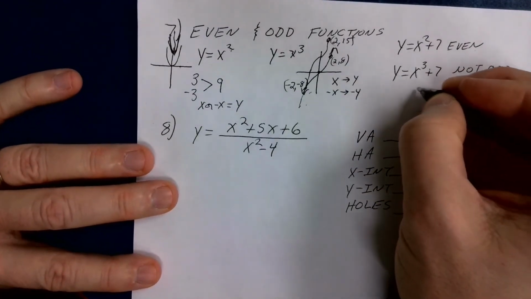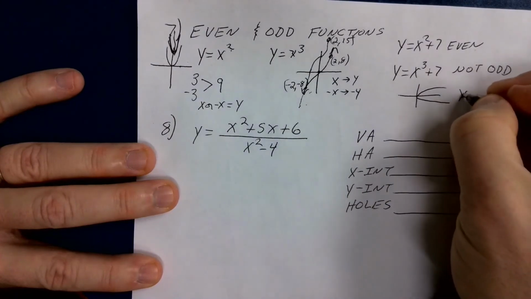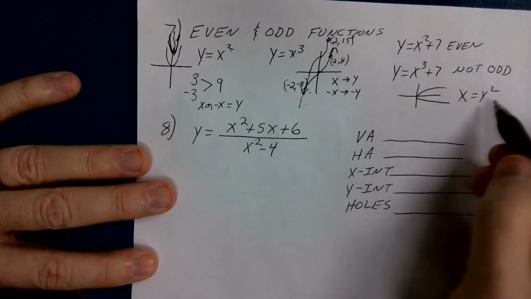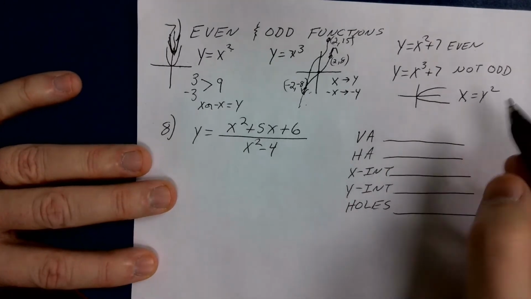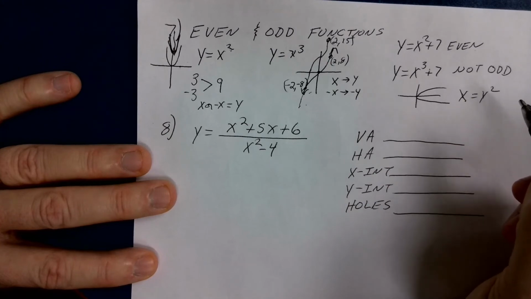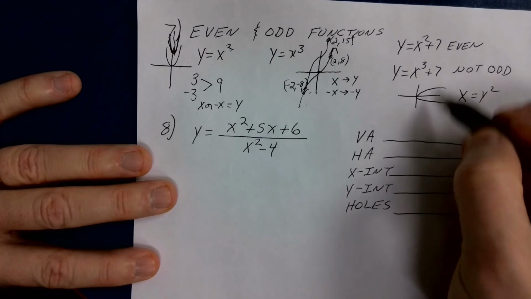And we could have things like this, x equals y squared. This is not a function at all, right? It's not a function, or at least y is not a function of x. x is a function of y, but y is not a function of x because it fails the vertical line test, yes?